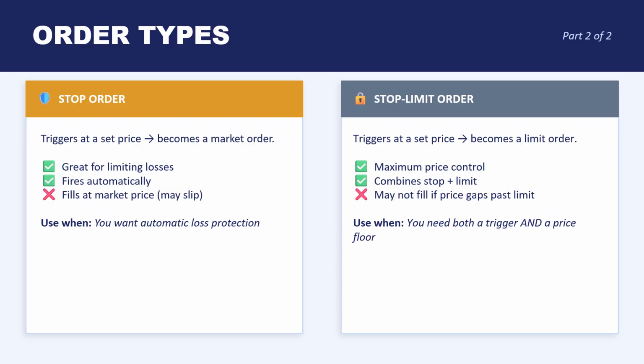Anything higher than 45, I'm willing to get out. So it may or may not get filled depending on how the market is and the volatility. The great thing about this one is you get to trigger not only the limit order, but also the price floor, which is great. Again, the only caveat is it may not get filled depending on how volatile the market is.